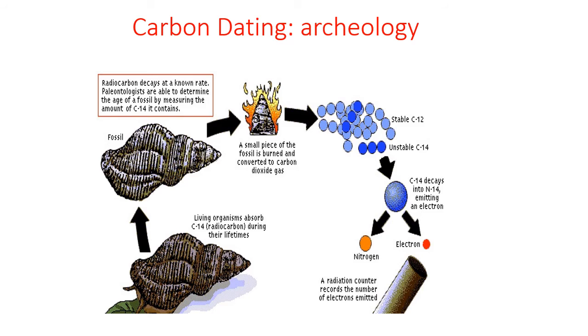By measuring the amount of carbon-14 compared to the amount of carbon-12 in a sample, scientists can determine within a certain range the date of death of those living things. And that's how we find out the age of fossilized plants, animals, dinosaurs, etc.